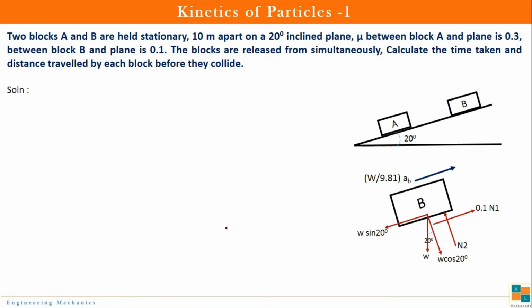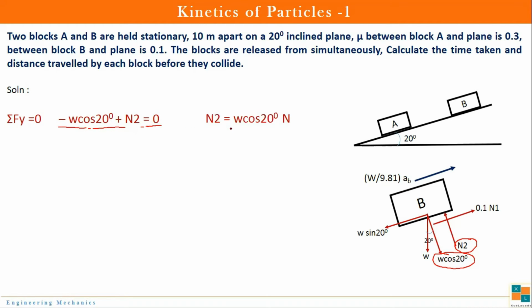Starting with summation of Fy equal to 0, there is one force of W cos 20 and another force of N2 in the y direction. So I will write minus W cos 20 plus N2 is equal to 0, on rearranging which I will get the answer for N2 as W cos 20 newton. Let this be equation number 1.